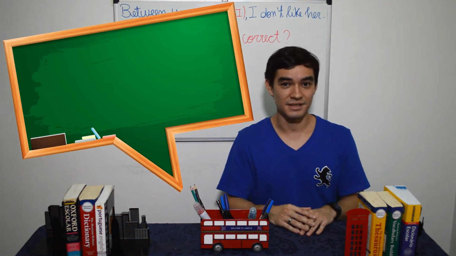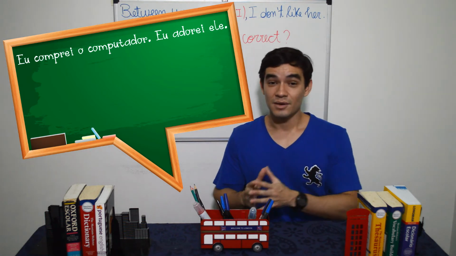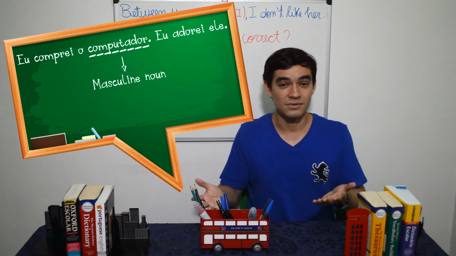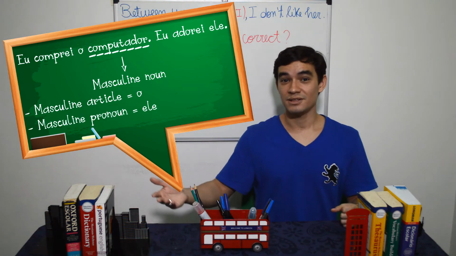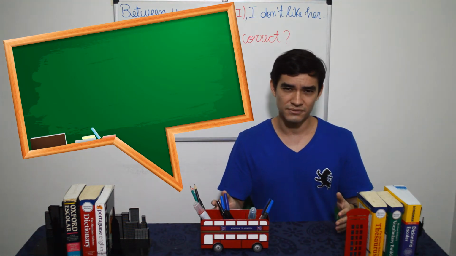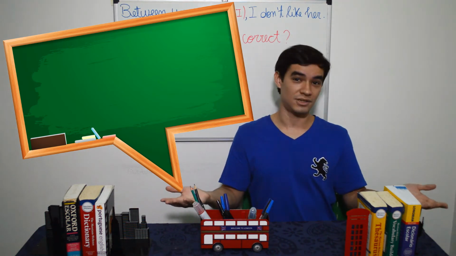We also say, eu comprei o computador, eu adorei ele, because computador is a masculine noun, so it needs the masculine article o, and we use the masculine pronoun ele. But this is so confusing for Americans, because for them, most words don't have a gender.